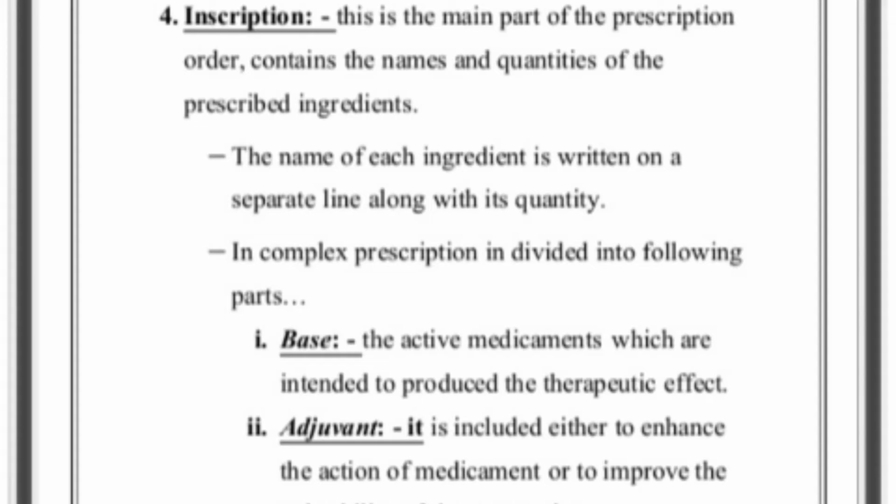The name of each ingredient is written on a separate line along with its quantity, and the prescription is divided into the following parts: base and adjuvant. The base contains active medicaments which are intended to produce the therapeutic effects, and adjuvant includes ingredients either to enhance the action of medicaments or to improve the action of medicaments.